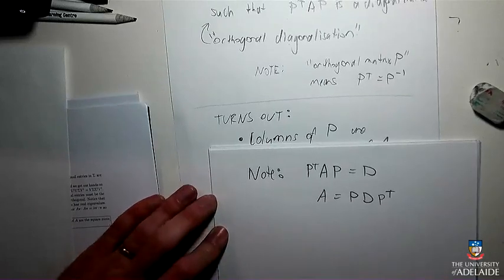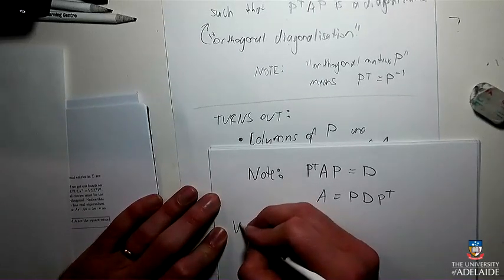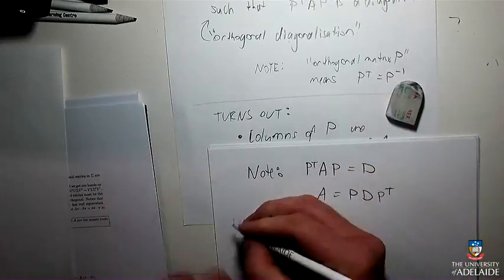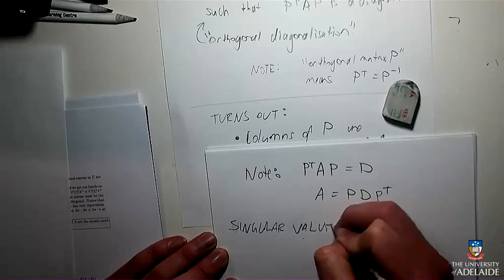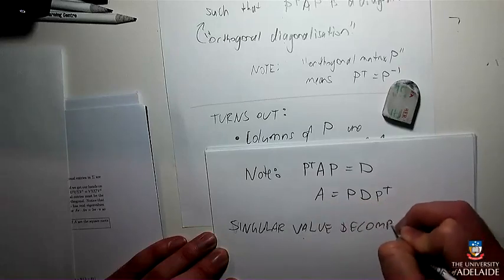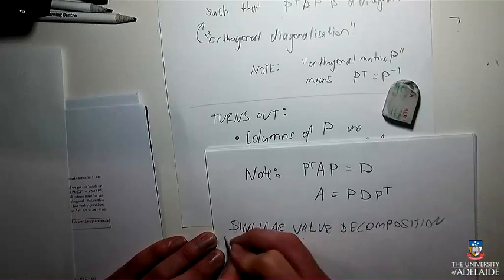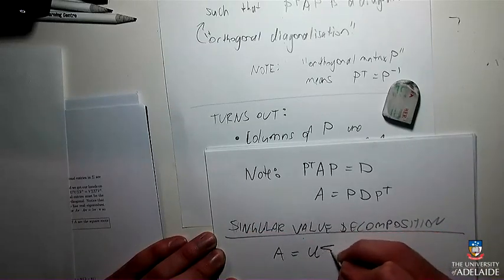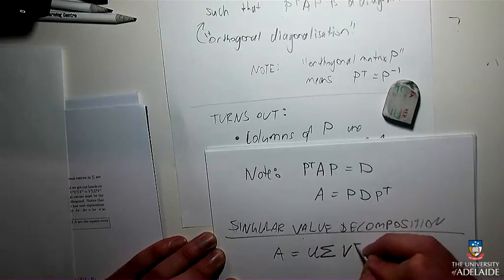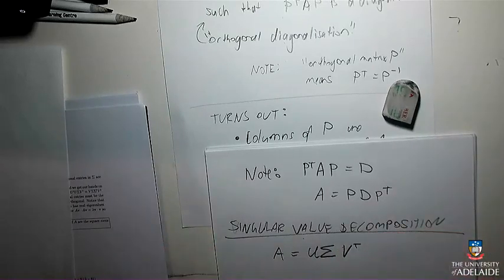Okay. Now we'll do the singular value decomposition. It would have been really cool if we had done it as PDQ transpose or something like that, so that the letters matched up more nicely, but they don't.